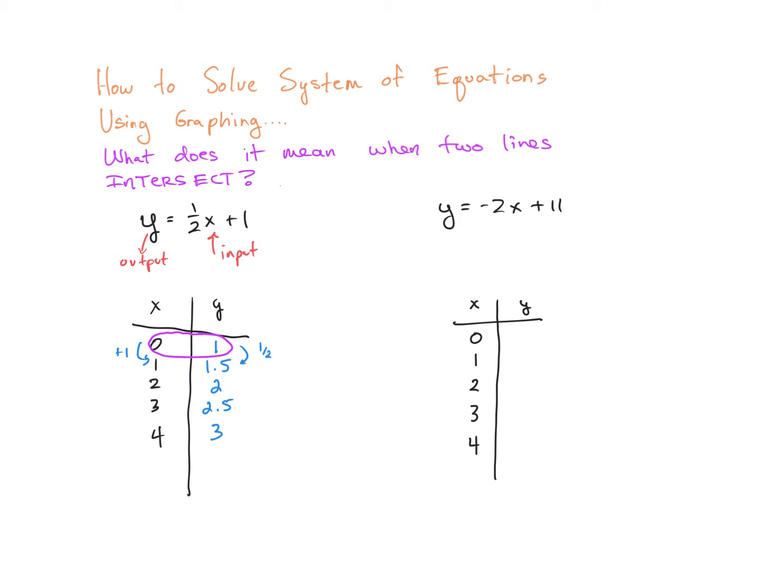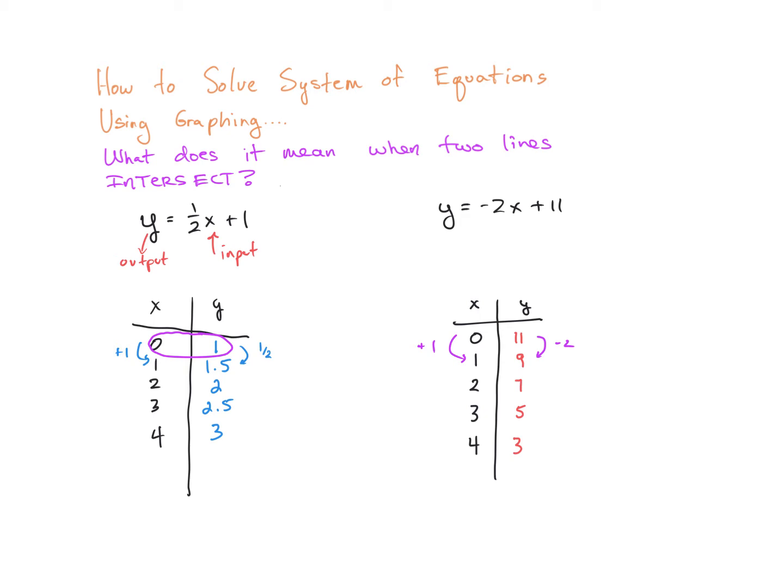So putting in -2 times 0, 0 plus 11, 11. -2 times 1, -2 plus 11, that's 9, 7, 5, and -2 times 4 is -8 plus 11, that's 3. And again, we've seen a pattern here. It's decreasing by 2 for every increase of 1 unit of input.